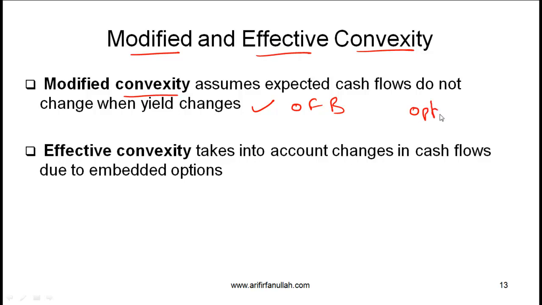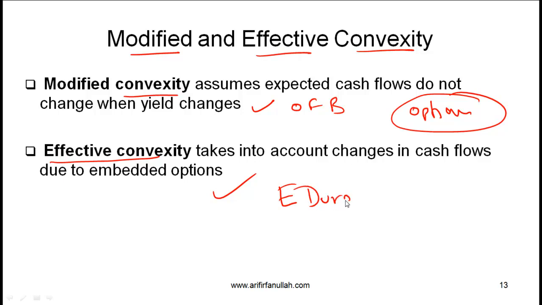But if a bond has options such as call options, put options or prepayment options, then this assumption breaks, and hence it doesn't make sense to use modified convexity when you are dealing with bonds which have embedded options. If bonds have embedded options, then you must use effective convexity, which takes into account changes in cash flows due to embedded options. So essentially the exact same point that you saw earlier with effective duration.